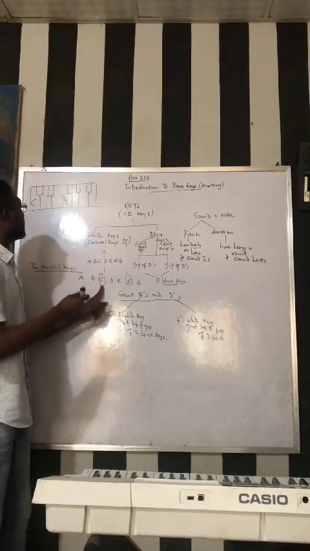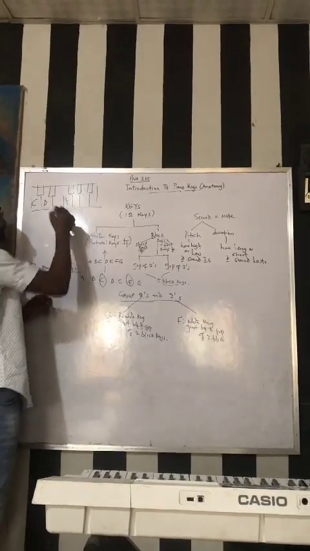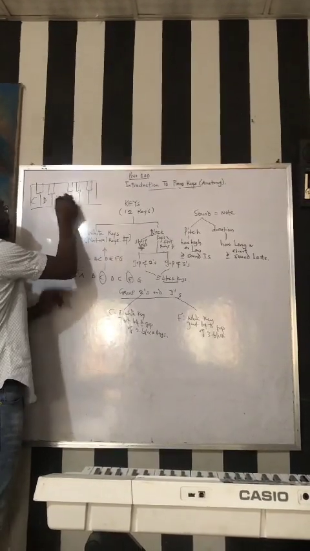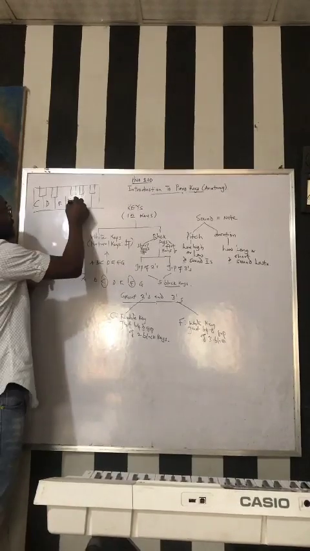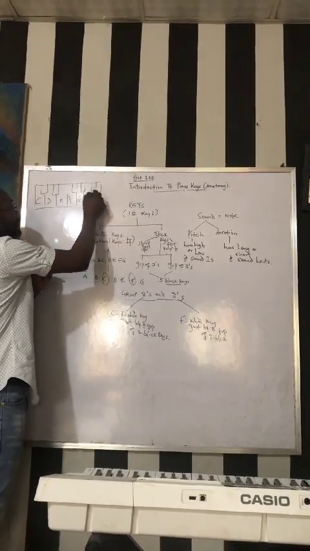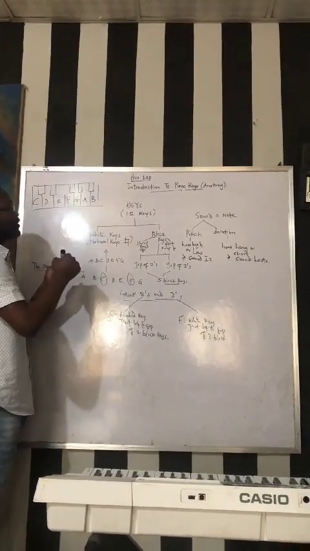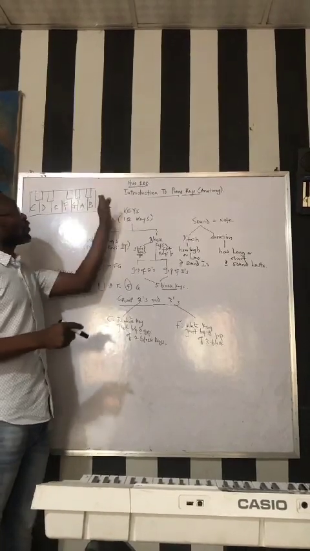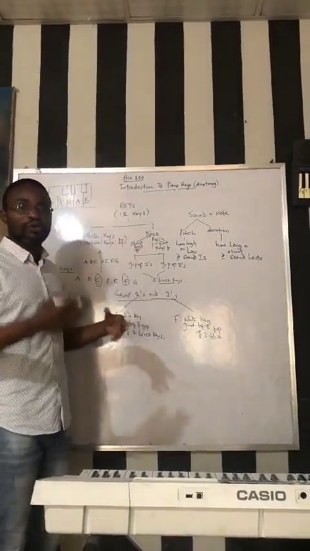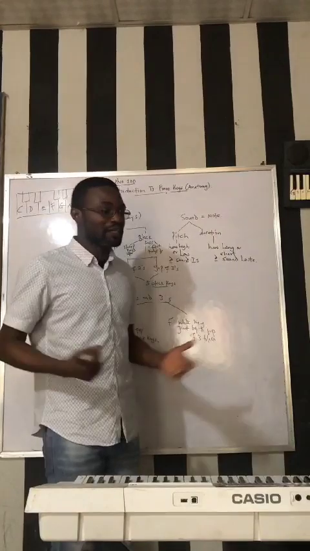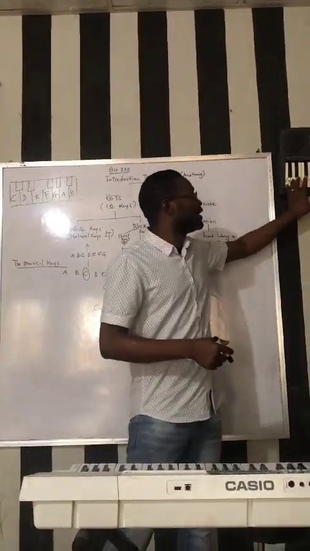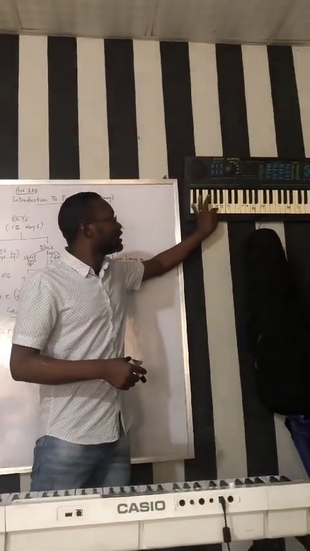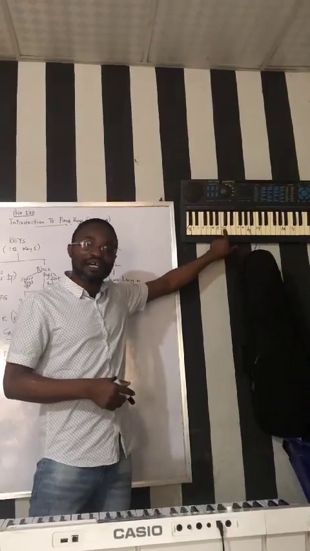So C is followed by D, followed by E, and you find that F comes in immediately, followed by G, followed by A, and then B. Once you go on, you realize you come back to C. It just goes on that way. It continues just like a cycle. You get a C, a D, an E, F, G, A, B, and you get to find another C.